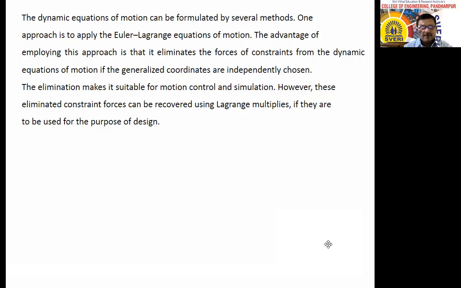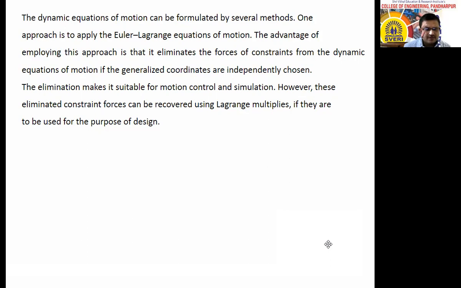The elimination makes it suitable for motion control and simulation. However, these eliminated constraint forces can be recovered using Lagrange multipliers if they are to be used for the purpose of design.